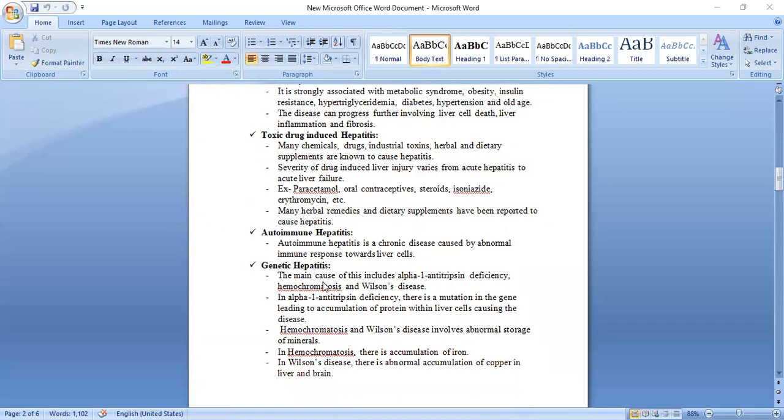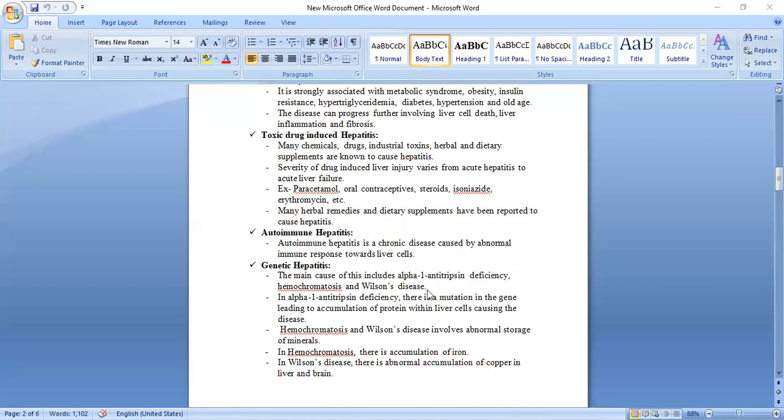Genetic hepatitis. Genetic means the main causes include some deficiencies: alpha 1 antitrypsin deficiency, hemochromatosis and Wilson disease.